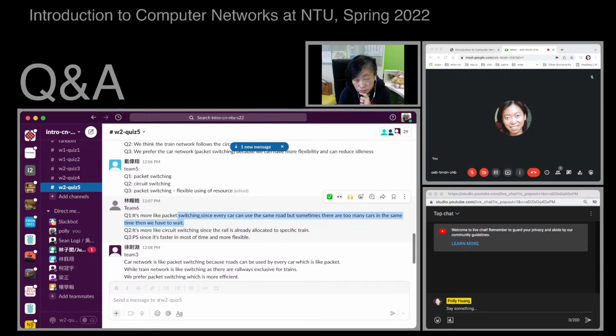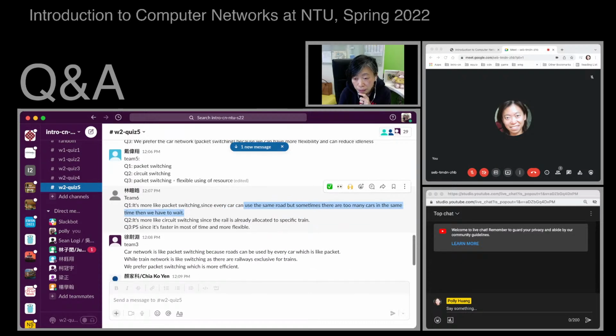Yeah, contention is a major characteristic of a packet switched network. So, circuit switching: rail is allocated to a specific train at a particular time. Yes.